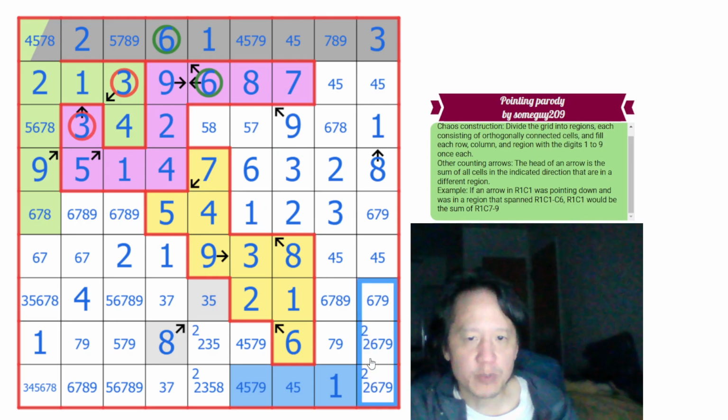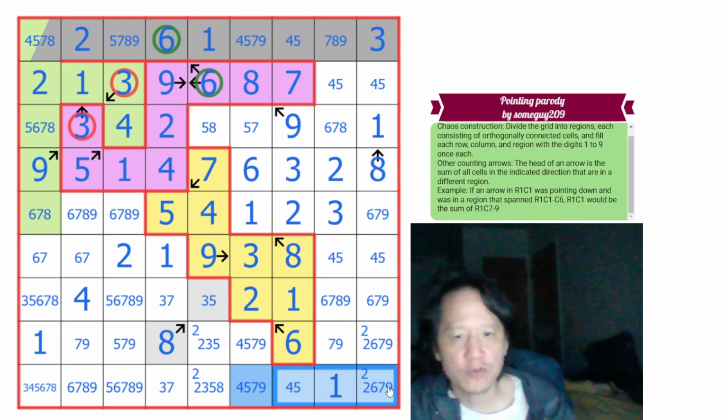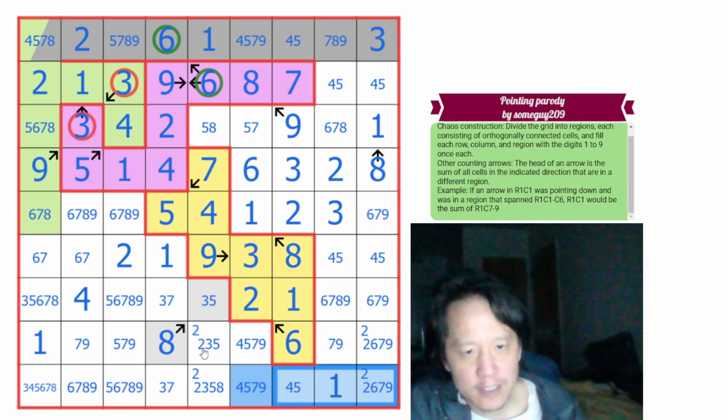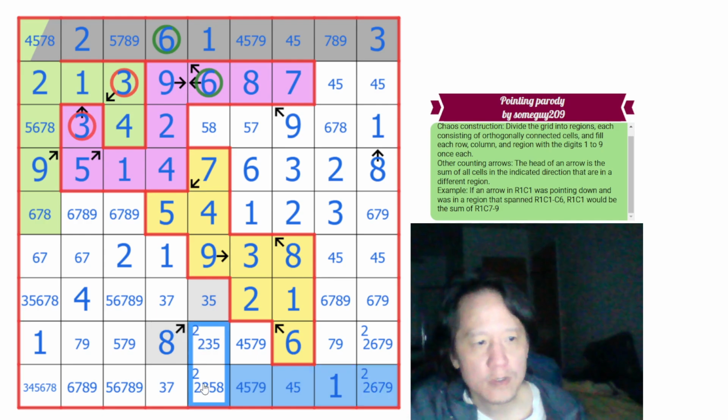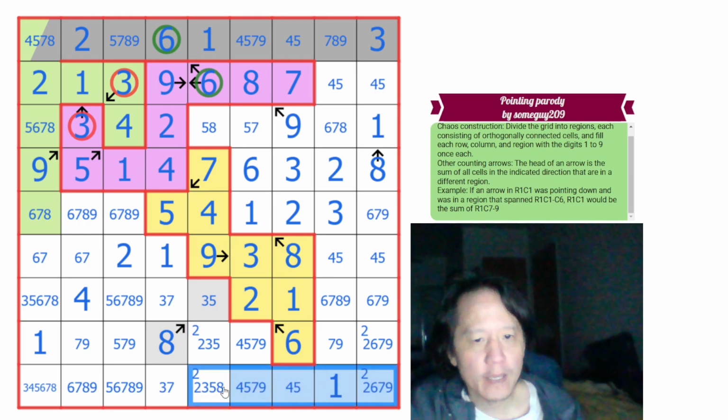What region can this be part of? It can only be part of blue. So if it goes here, obviously if that's a 2, obviously it goes here. If this is a 2, these both have to be blue. Therefore this is blue. So this is blue either way. So that's blue there. Therefore it cannot contain both of these 2s. It can only contain one of them at most.